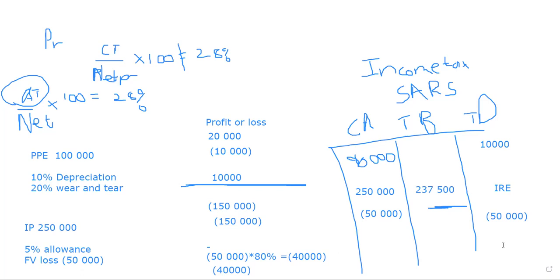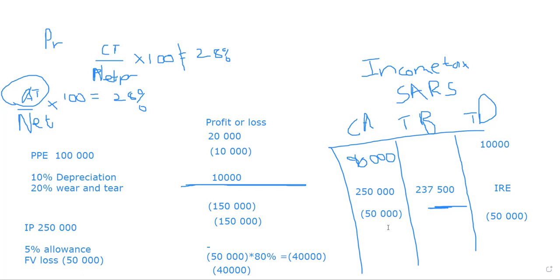So what do we also know about this amount? Will tax ever get to this 50,000? It won't get to this 50,000 straight, like I said. Tax will only get to 80% of that amount, because it's only temporary until you sell this asset, but the temporary part is only the 80% part. Because tax is going to realize a capital gain of 80% at the end of the year.